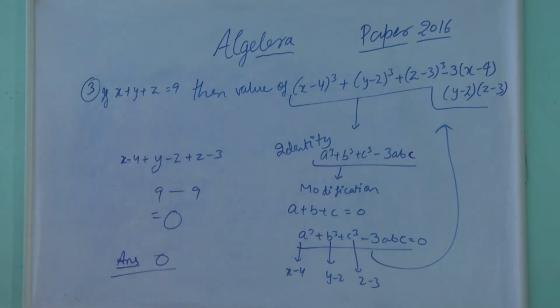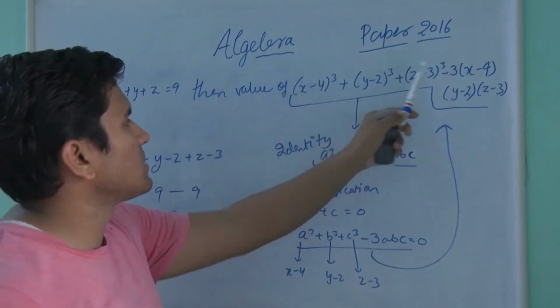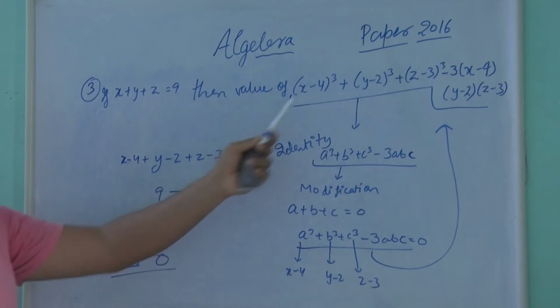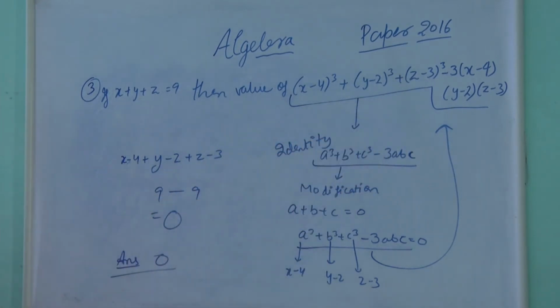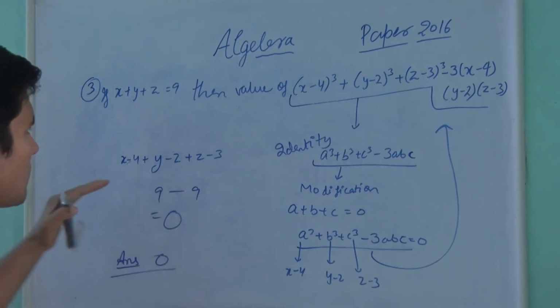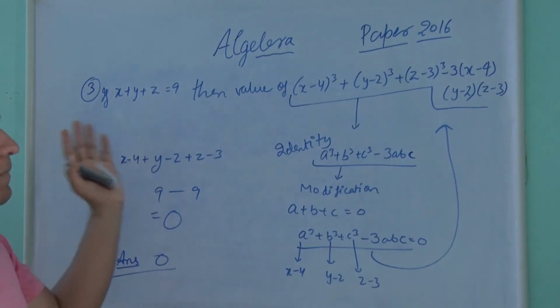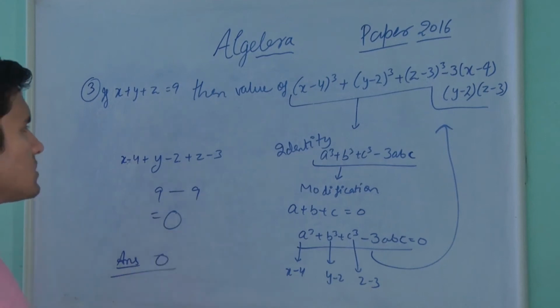You just have to add a plus b plus c and put in the values. If you get 0, then the answer of this question is 0. Simple question. I told you before that we would discuss some previous questions, and you can see they are just repeating the identities. They are real questions from the 2016 paper.